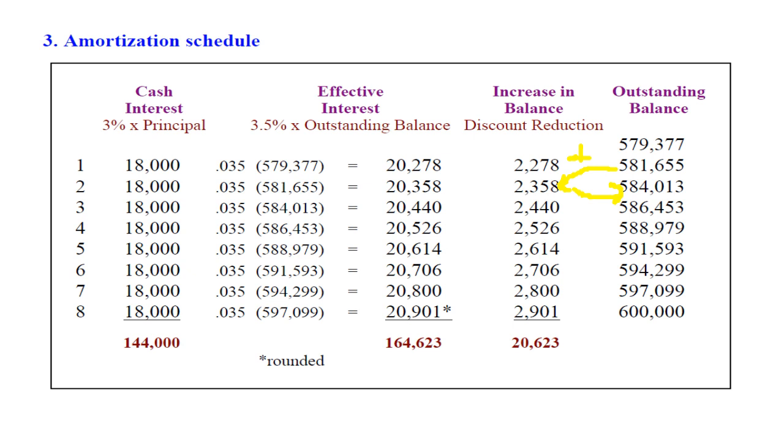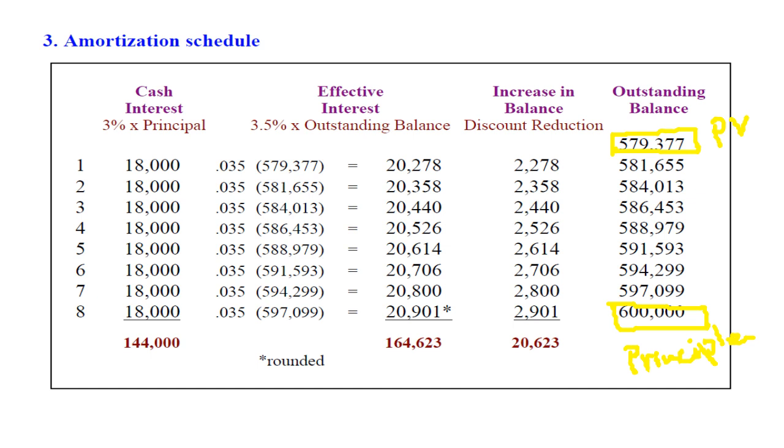The main principle or the main purpose of the amortization table that we build is that we start with the present value and we will finish with the principal of the bond.